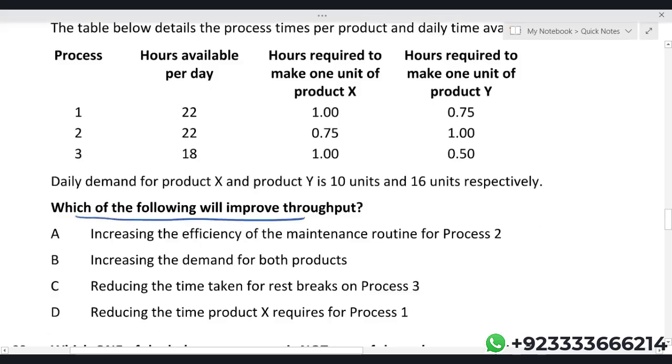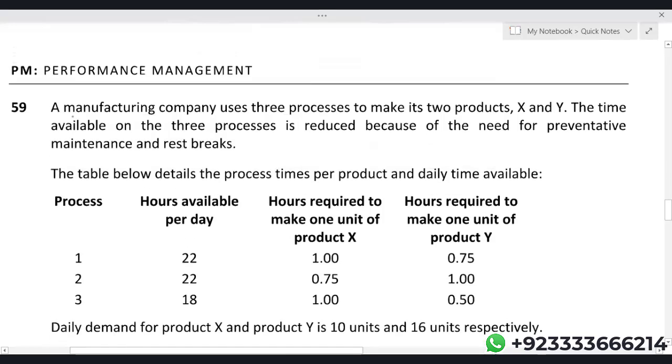Which of the following will improve throughput? A manufacturing company uses 3 processes to make its 2 products, X and Y. The time available on the 3 processes is reduced because of the need for preventative maintenance and rest breaks.